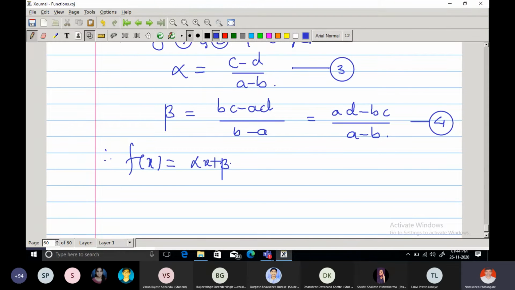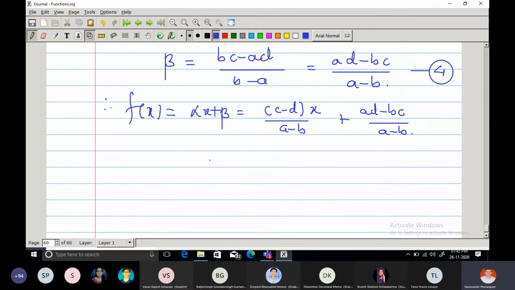C minus D into x upon A minus B plus AD minus BC divided by A minus B. Right, or 1 upon A minus B times (C minus D into x plus AD minus BC). Right, this is the exact definition of the function. You can have other forms by simply manipulating these numbers, right?